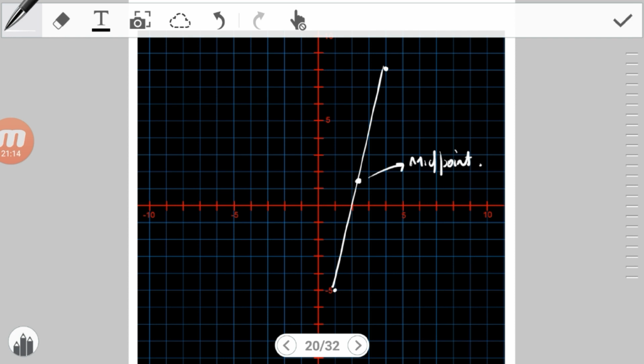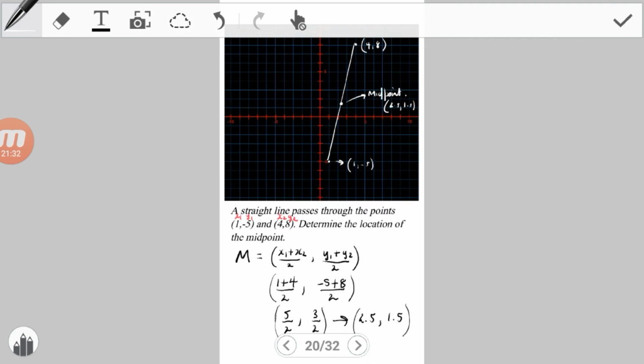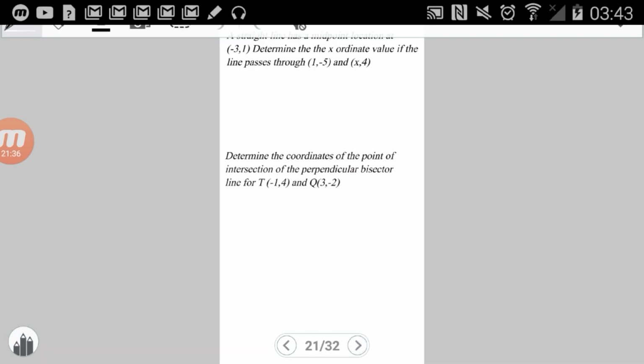Okay, so that is how we locate our position. So this is 2.5 comma 1.5. This is the coordinate value 1, negative 5, and this is the coordinate value 4, 8. Okay, perfect. And that is how we calculate our midpoint. Let's look at maybe another couple of examples.